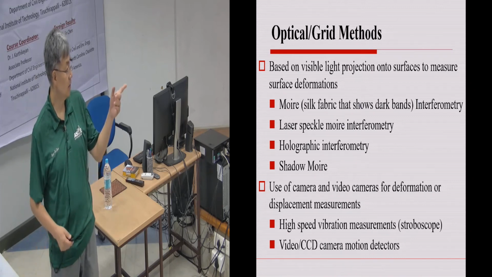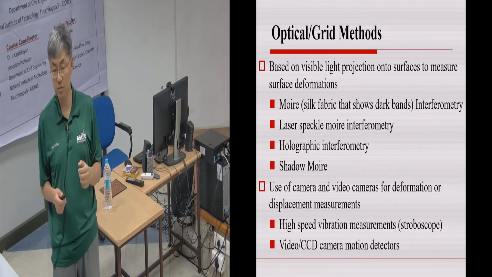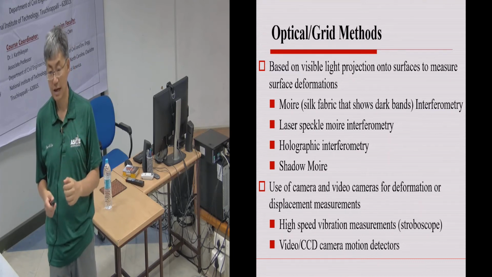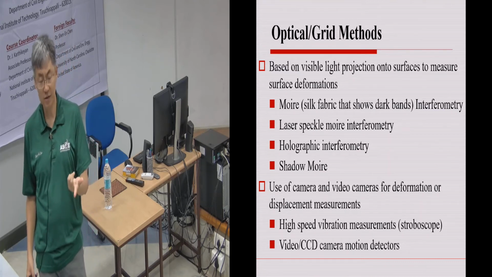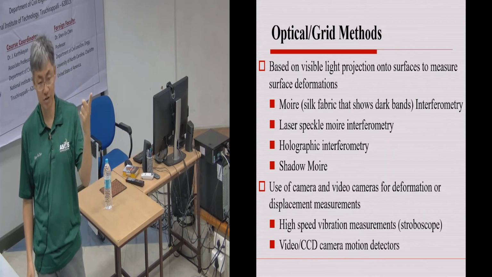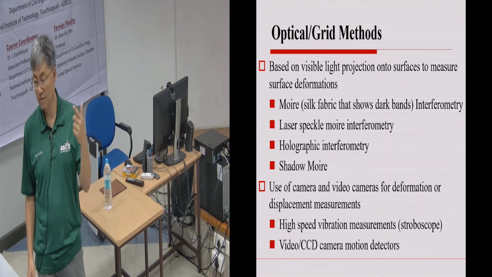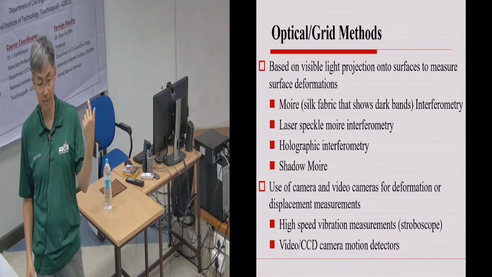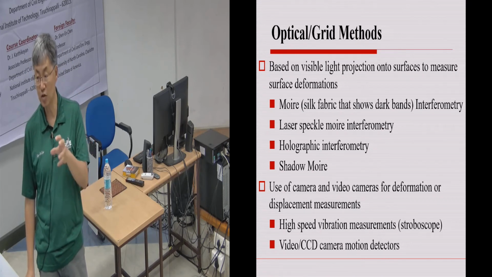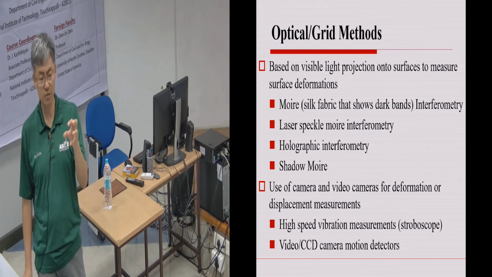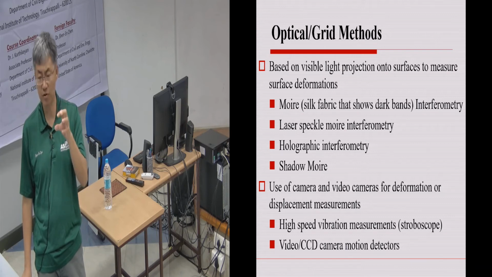And then high-speed vibration measurements using high-speed cameras. In 2015, when we had the structural health monitoring workshop, we invited one of the professors from Hiroshima, Ichi. And in his lab, they use very high-speed, megahertz cameras, okay?